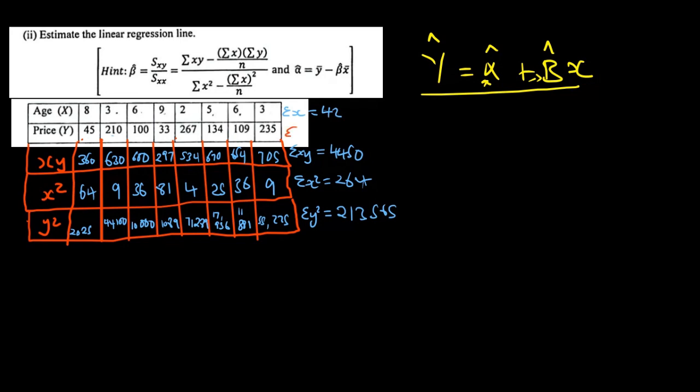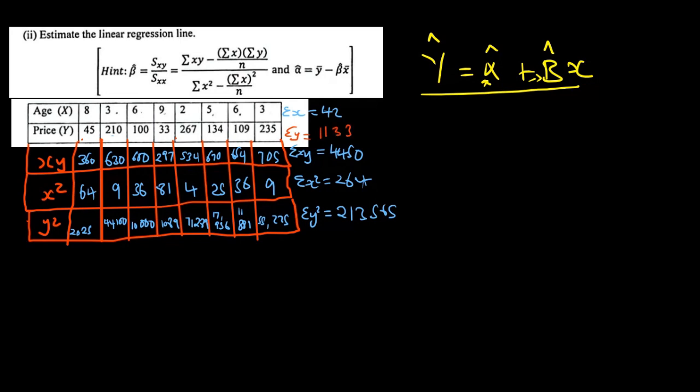The summation of y is going to be equal to 45 plus 210 plus 100 plus 33 plus 265 plus 134 plus 109 plus 235. When I add all those, I'm getting my summation as 1133.